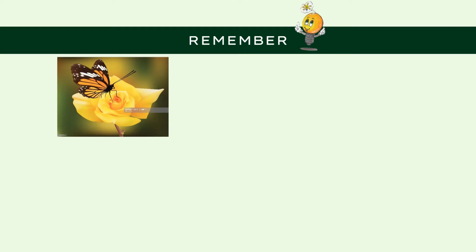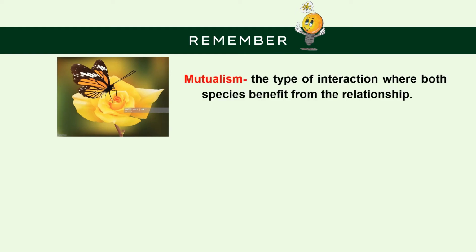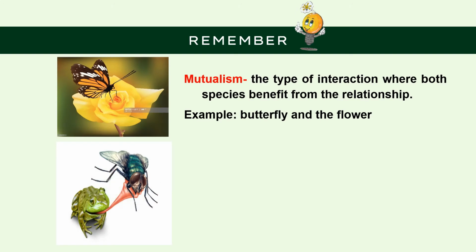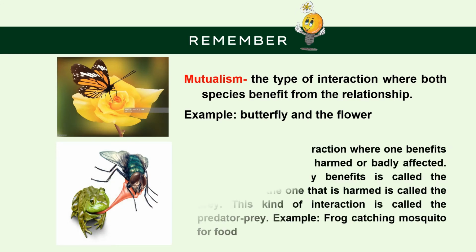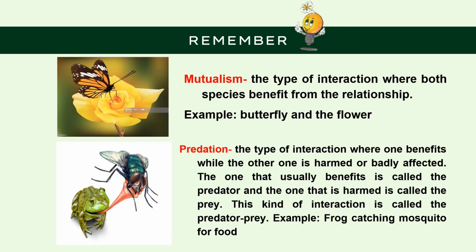As you can see on the first picture, this is mutualism, the type of interaction where both species benefit from the relationship. Example, butterfly and the flower. The next picture shows a predation, the type of interaction where one benefits while the other one is harmed or badly affected.